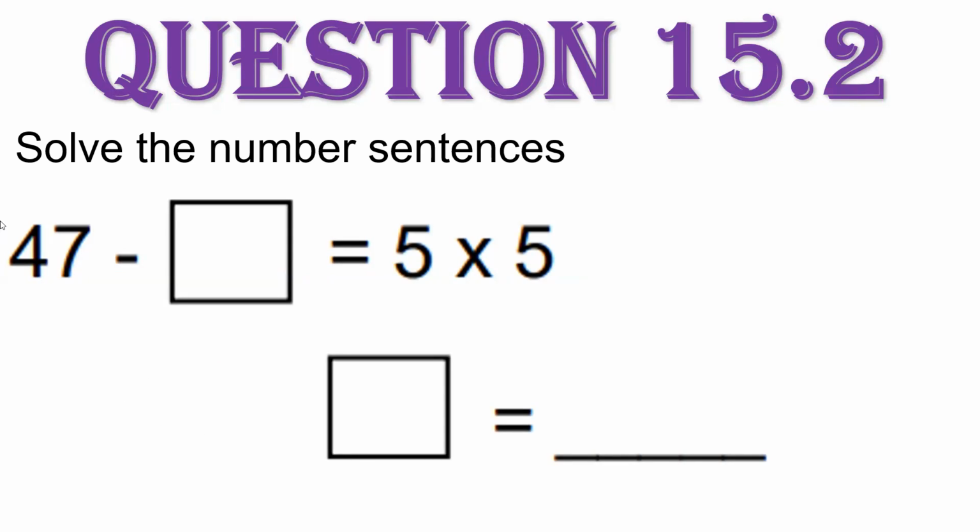All right, so 47 minus something giving you 25, we can say, right? Because, okay, let's write like this. 47 minus box equals 25. 5 times 5, we can write 25.